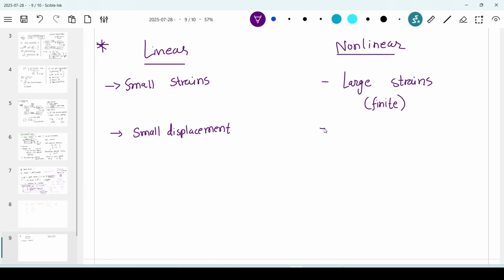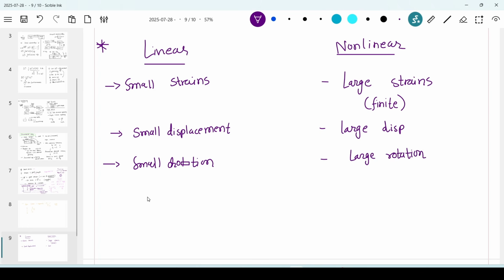We have not reached that section of geometric non-linearity, there we will discuss this. And this is large displacement. Then small rotations, we'll again recap everything. Large displacement and large rotation.